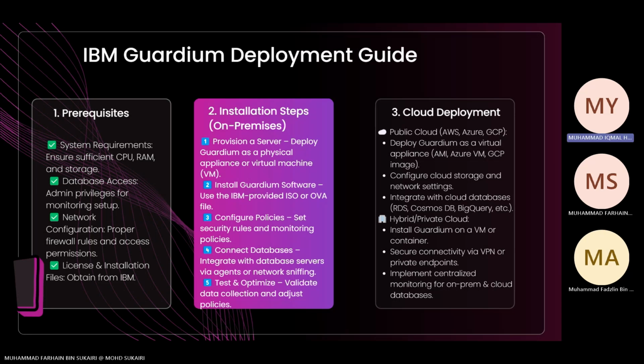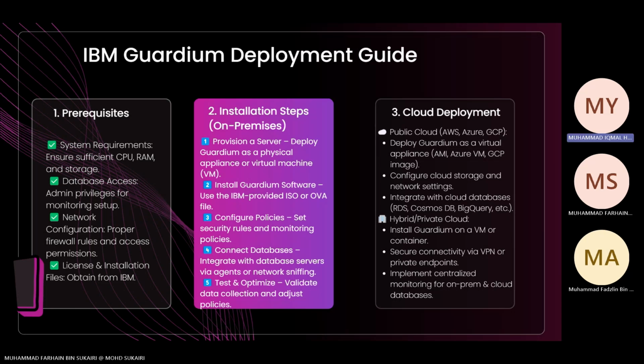For the installation steps on premises, first is provision a server. Deploy Guardian as a physical appliance or virtual machine (VM). For the cloud, deploy IBM Guardian VM on AWS, Azure, or GCP.